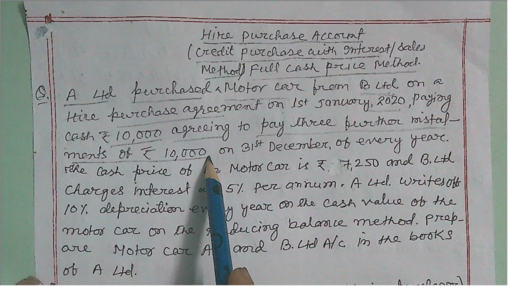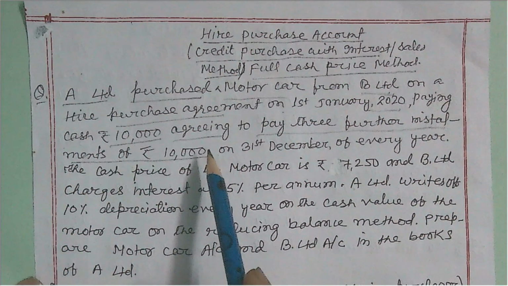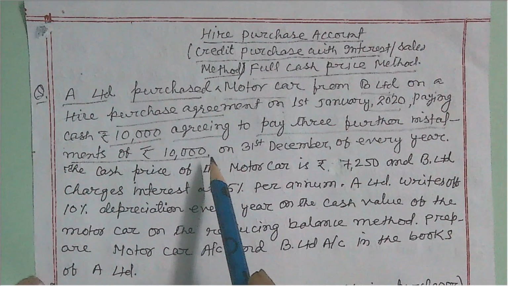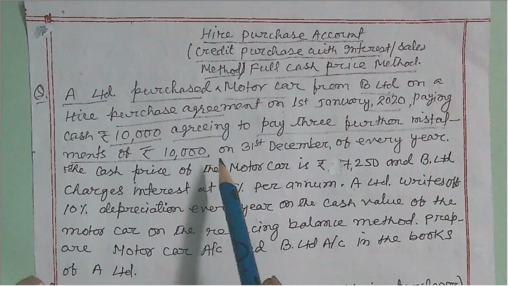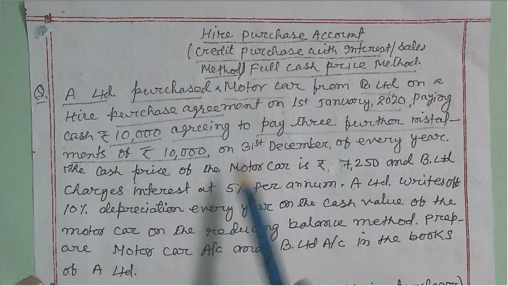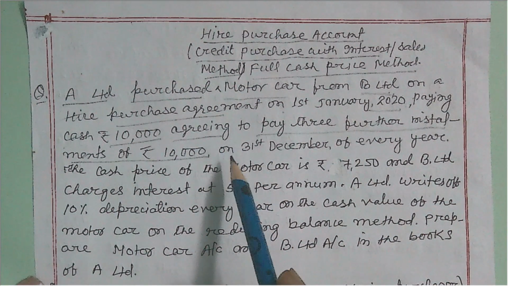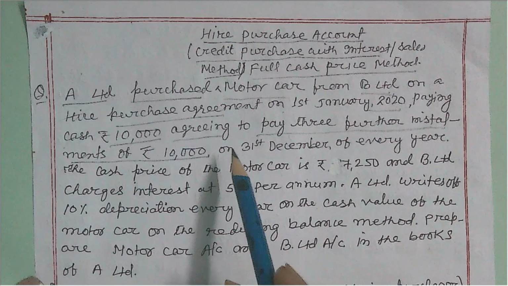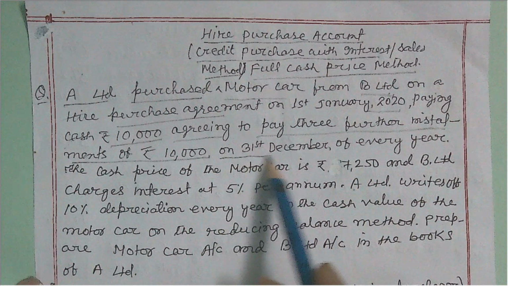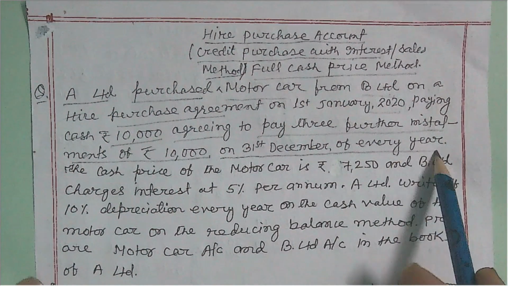So it is a hire purchase transaction where goods are purchased on credit and payment is made in installments. This problem is based on annual installments, there are 3 annual installments, payable on 31st December of every year.